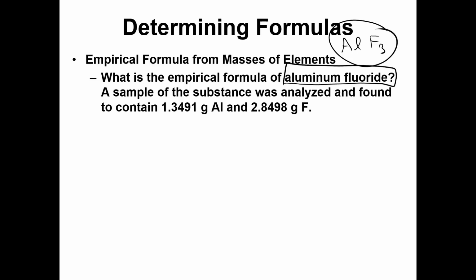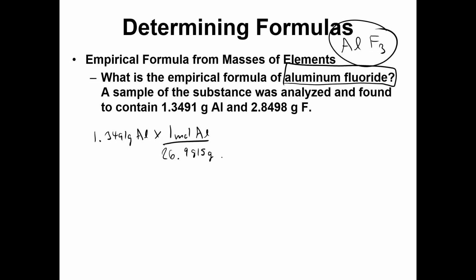So you can calculate the parts here. You calculate the number of moles. So you can take 1.3491 grams of aluminum times 1 mole of aluminum divided by 26.9815 grams of aluminum from the periodic table.